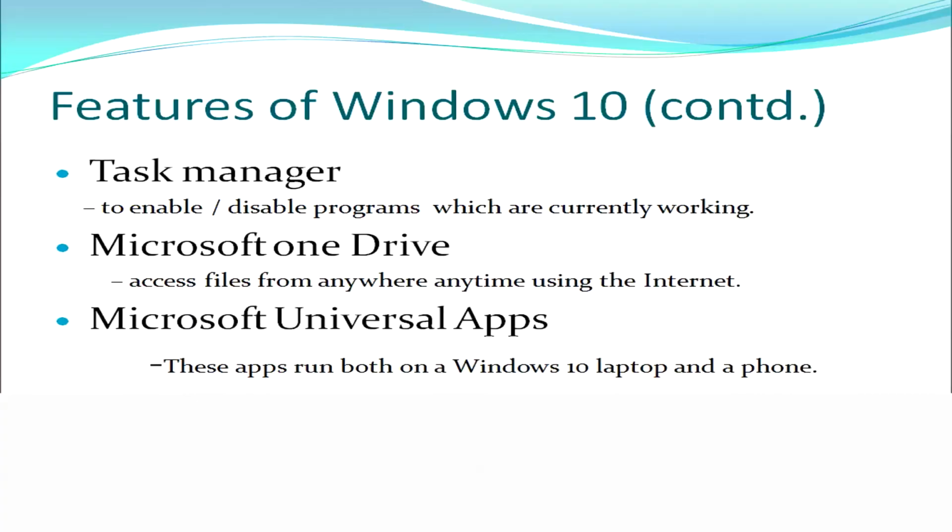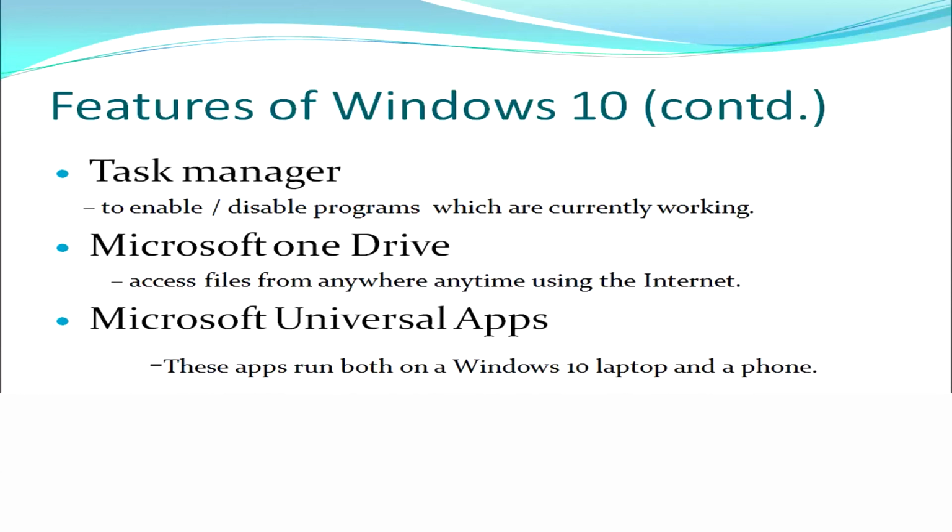Windows 10 also offers easy backup and wireless networking facility. It has a very user-friendly file explorer. We'll be learning about this file explorer in detail. It is used to create and manage files and folders. Windows 10 is much more secure as compared to previous versions that have been launched by Microsoft. It has a task manager which disables programs which are currently working.